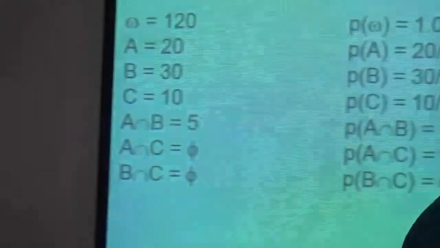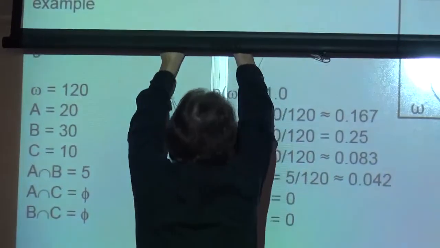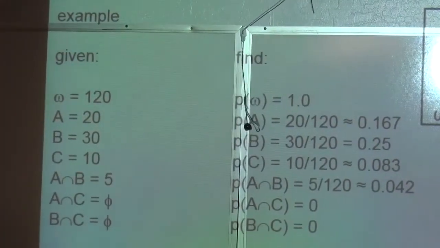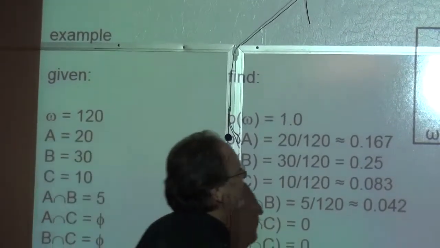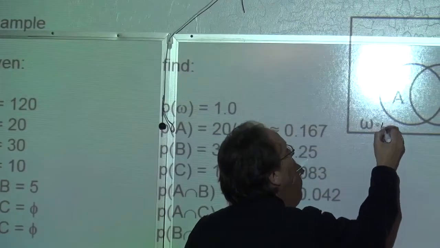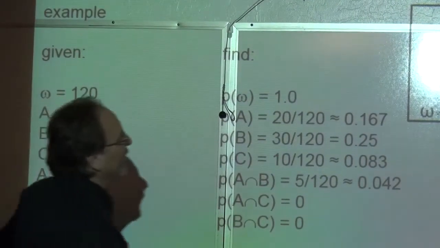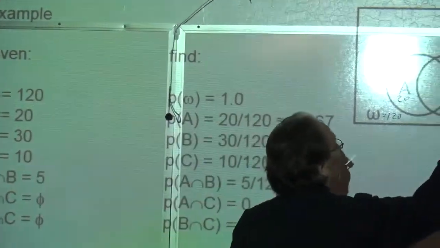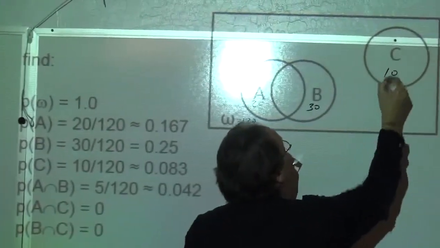So let's take an example with some numbers in it. Probably should bring in some colors next time. But let's say that our universe consists of 120 items, and that there are 20 items in A, and that there are 30 items in B, and there are 10 items in C. Right?